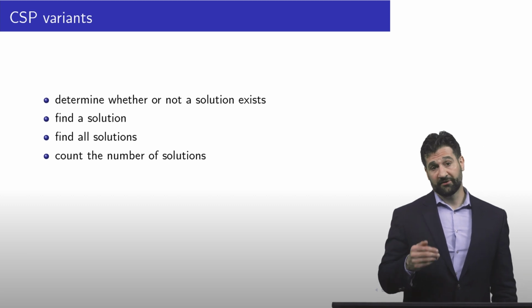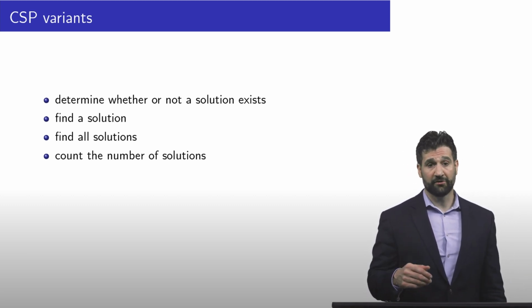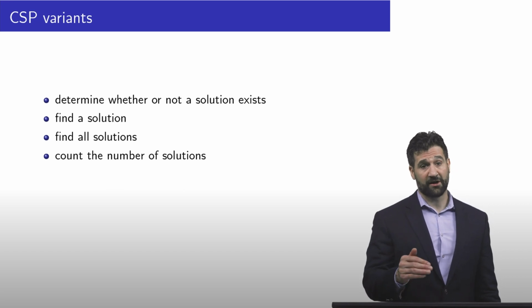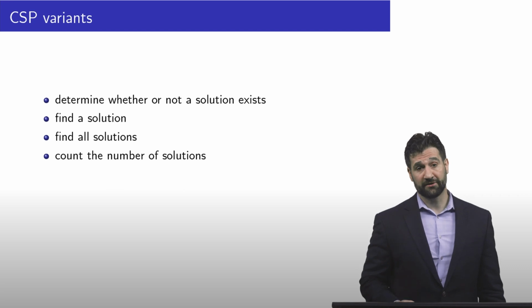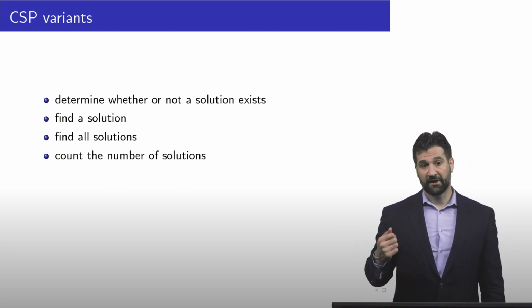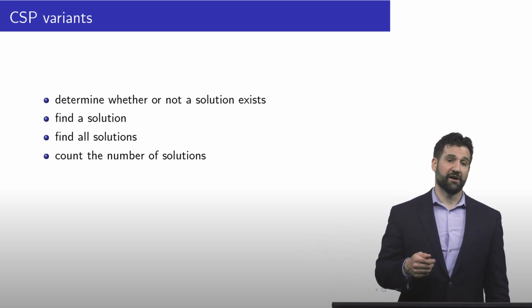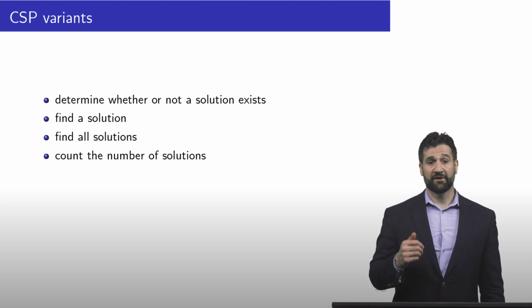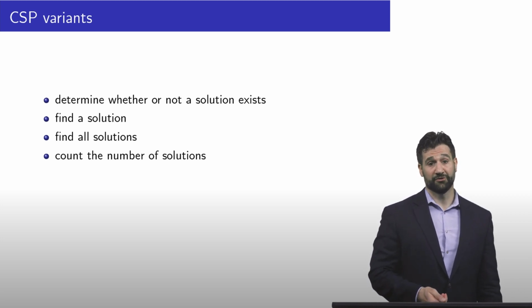And we could say that if you can count the number of solutions, that is going to be at least as hard, or finding the solutions is going to be at least as hard as counting the number. Because if you can find all solutions, you can count them, obviously. Likewise, if I can find all solutions, it's very easy to find a single solution.